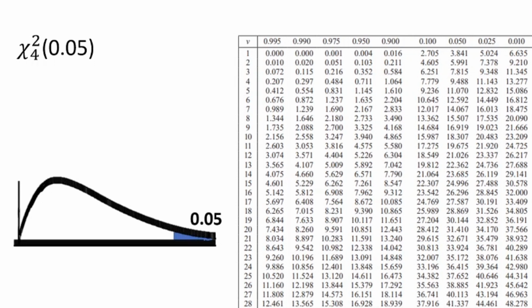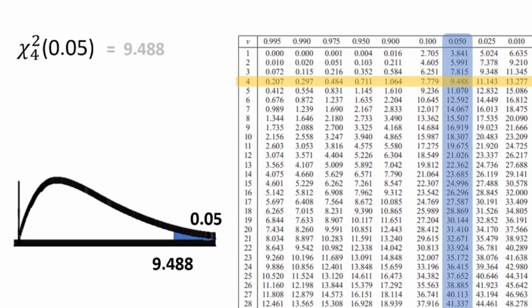So I want to know a critical value for the chi-squared distribution when we have 4 degrees of freedom that is exceeded by 5%. I'll start by picking out the 4 degrees of freedom row, and then cross-reference that with the 5% column. And we see right there, our critical value is 9.488. That is a chi-squared score that only has a 5% chance of being exceeded.